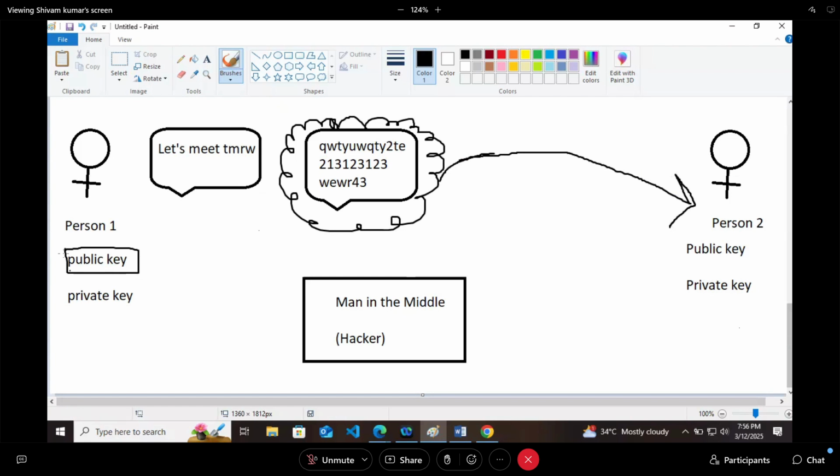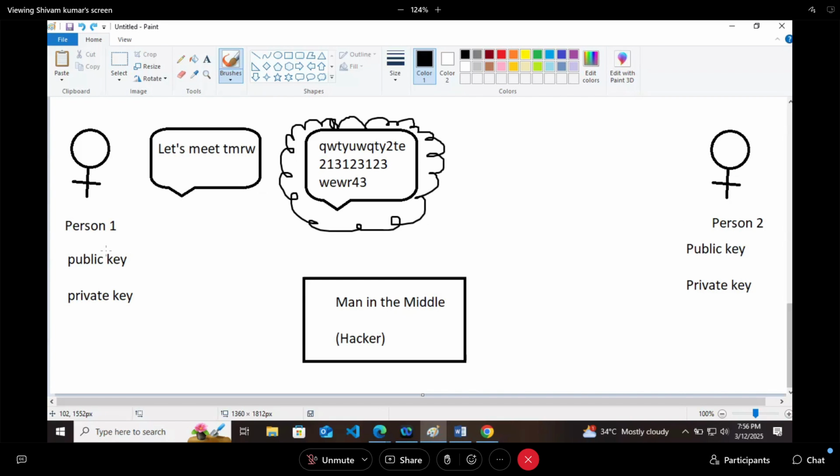This is the public key of person 1, so the private key of person 2 is required. Now, person 1 would have to send his private key over the internet. No, we can't use the public key of person 1.